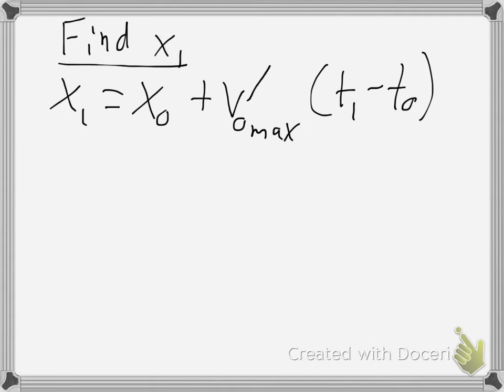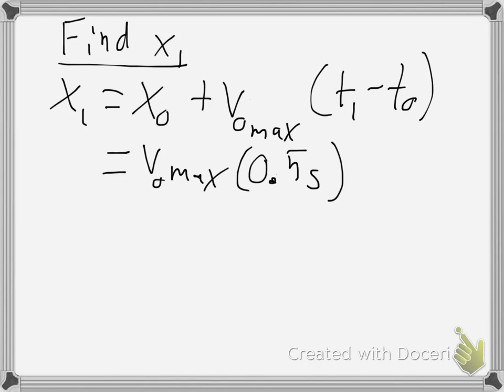That's the reaction time. And so we can simplify this equation a little bit, right? x0 is just 0, so I'm going to ignore that. So we can clean this up to equal Vmax, and remember this is equal to 0.5 seconds.